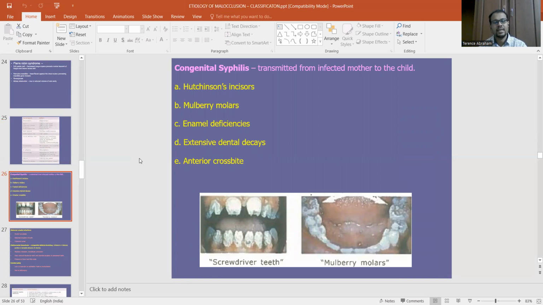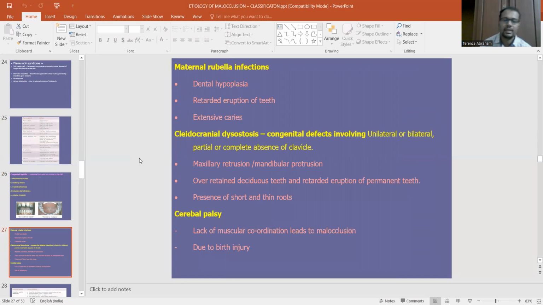These are the various dental manifestations in congenital syphilis. Then another maternal infection such as rubella infection, with various features such as dental hypoplasia, retarded eruption of the teeth, and extensive caries that you can see in the child.